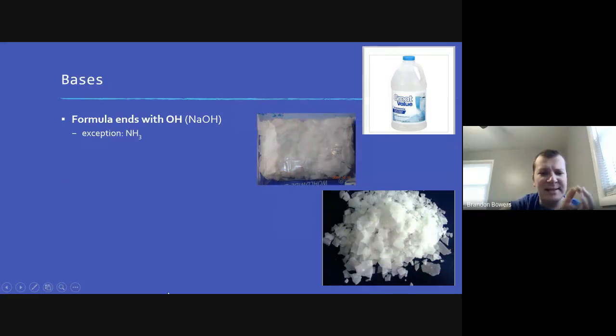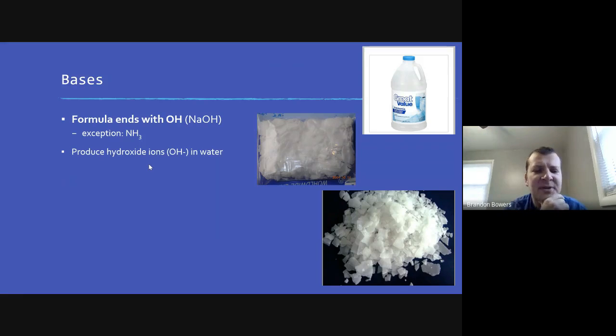Bases. The formula. I had 3 things we want to talk about for bases. Here's one. The formula ends with OH. All right, the formula ends with OH. That is key. Okay, so for bases, the formula ends with OH. They produce hydroxide ions.